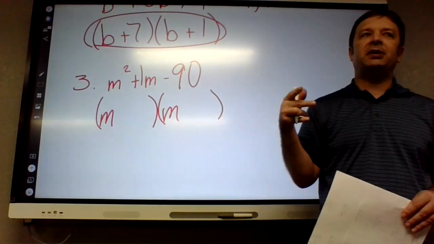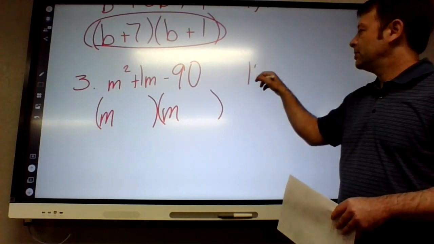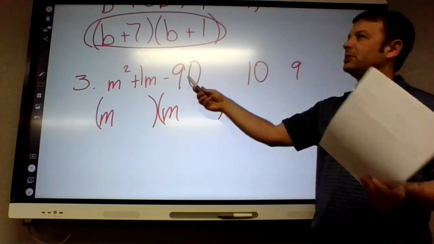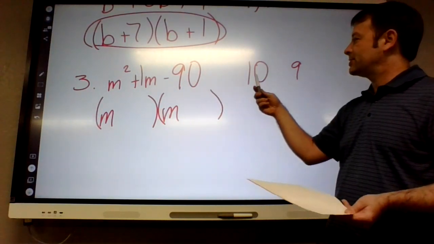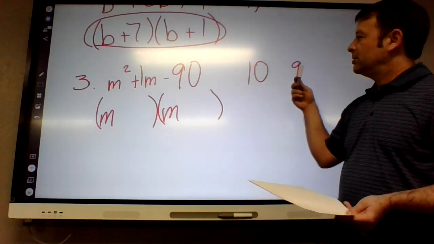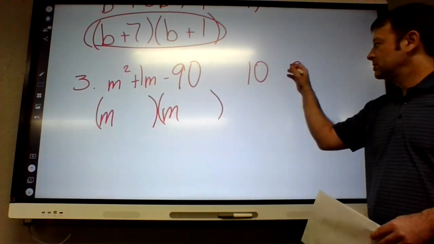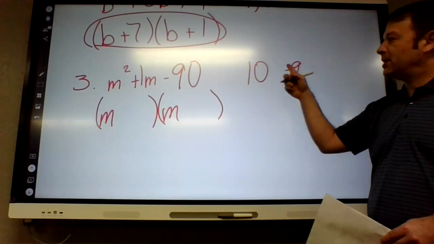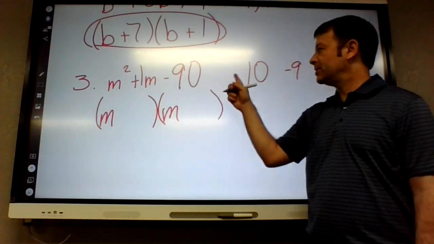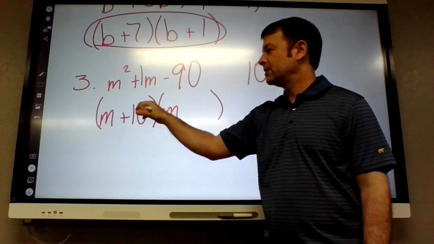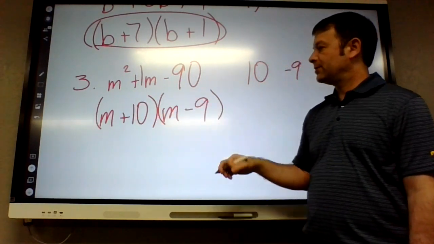What could multiply to 90? 10 and 9. Because it's negative 90, to multiply to get a negative, one of these has to be negative. Which of these needs to be negative to add up to positive 1? The 9. 10 minus 9 is 1. Or 10 plus negative 9 is 1. So it's a positive 10 and a negative 9.